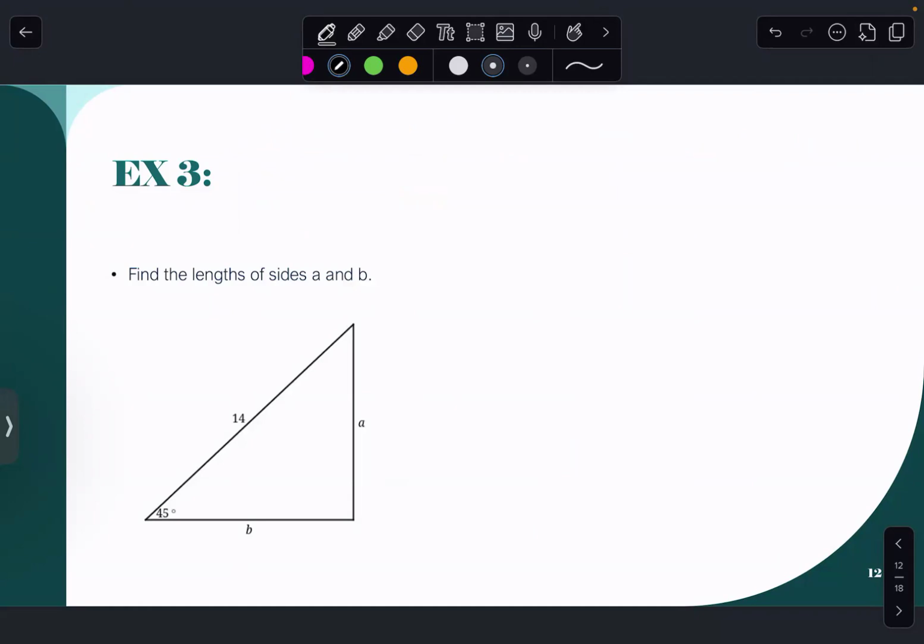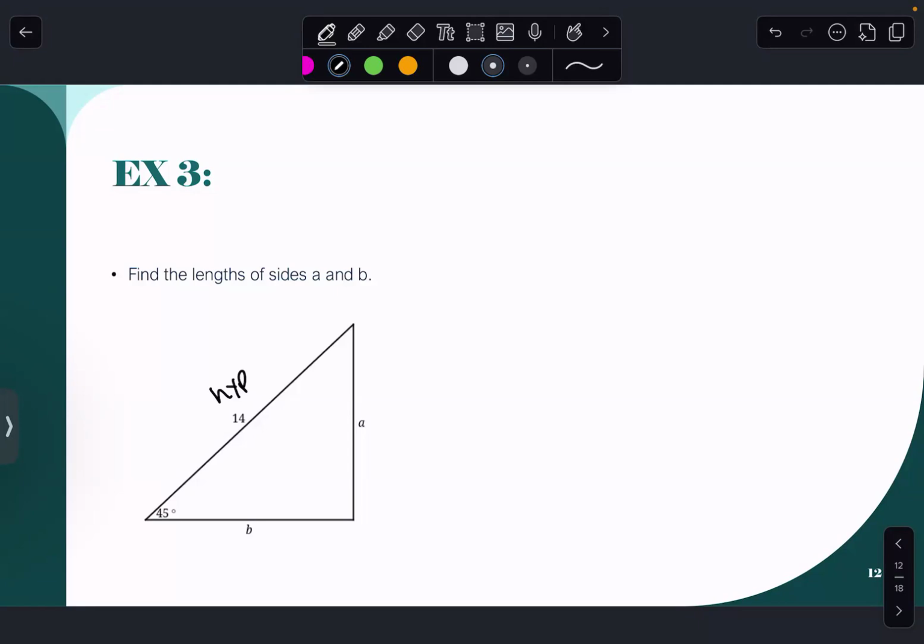Well, we also have a layer of information that we just learned today, which is sine, cosine, tangent. We're given the hypotenuse, and we can use either side we want.